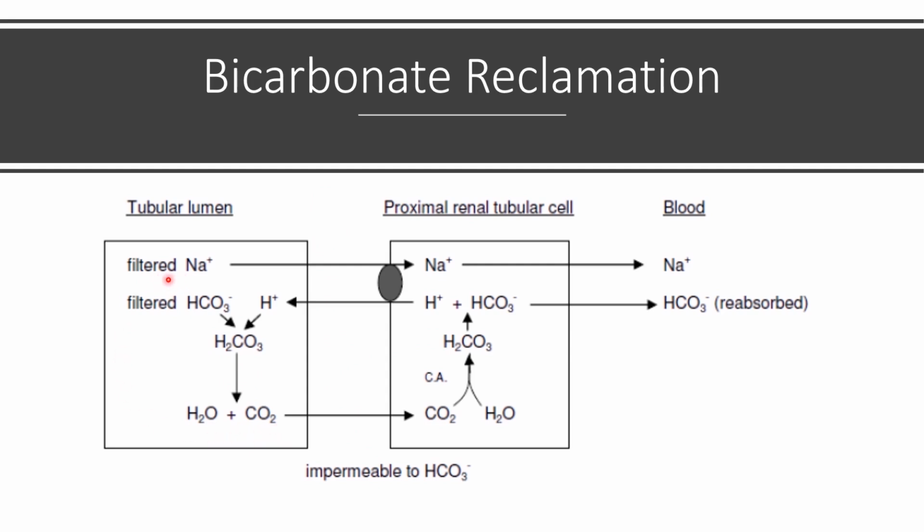Now, remember I mentioned that one of the mechanisms by which the kidney ensures acid-base balance is the sodium hydrogen exchanger. This is the sodium hydrogen exchanger. So for every molecule of sodium that is filtered that must be reabsorbed back into the body, there is a unit of hydrogen ion that is given back in exchange for this sodium ion.